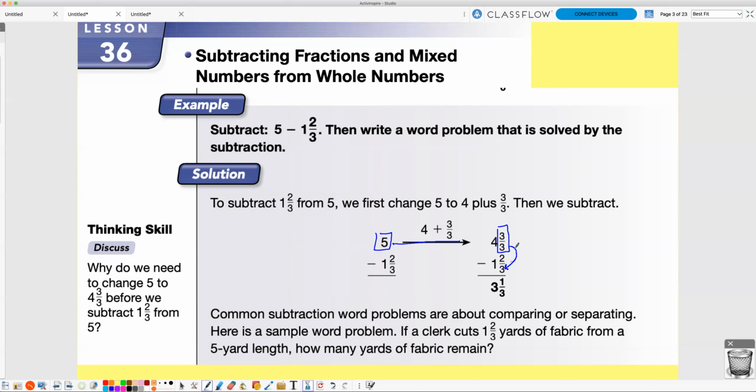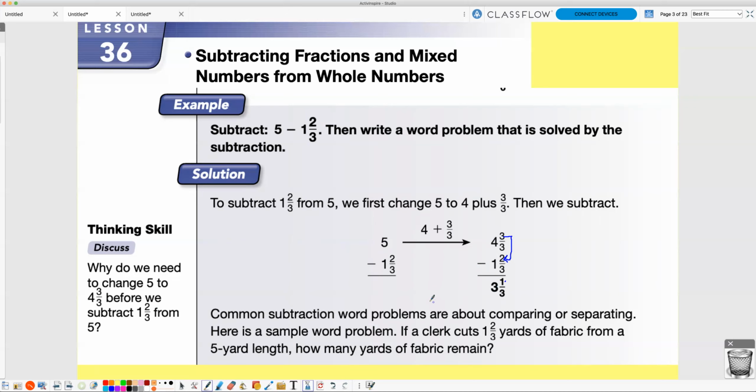So that's an easy choice. If we have 3 for this denominator, we have to make sure we have 3 for the numerator. So that's why we have 4 3/3 minus 1 2/3. Now you can subtract this. 3 minus 2 equals 1, and the denominator remains 3, and 4 minus 1 equals 3.